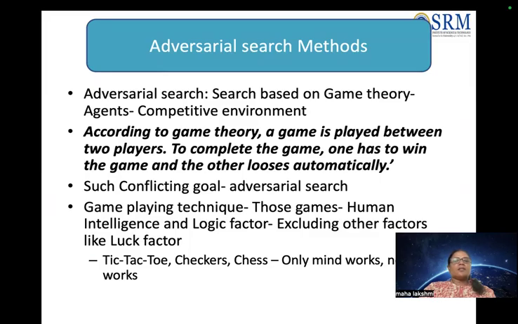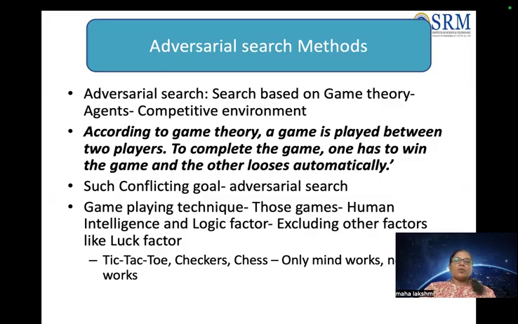What are adversarial search methods? Adversarial search is a search based on game theory agents, in a competitive environment. So according to game theory, a game is played between two players. To complete the game, one has to win and the other loses automatically.